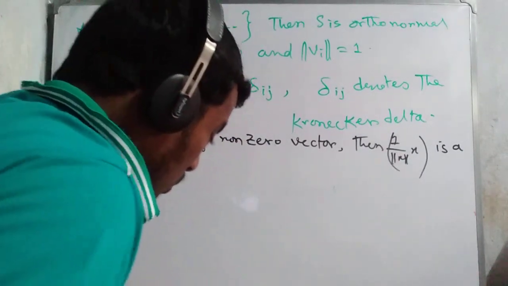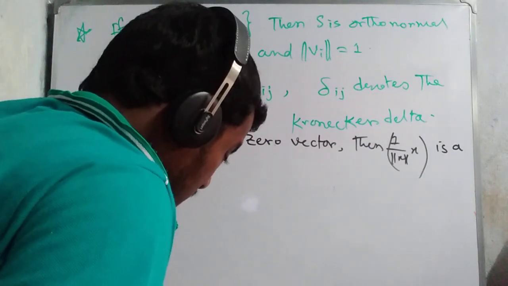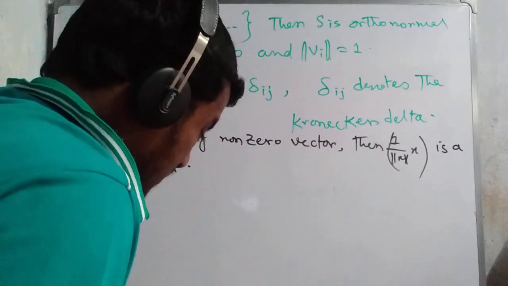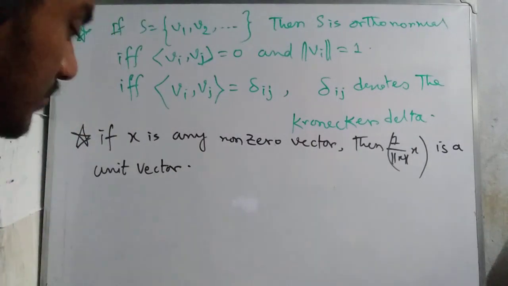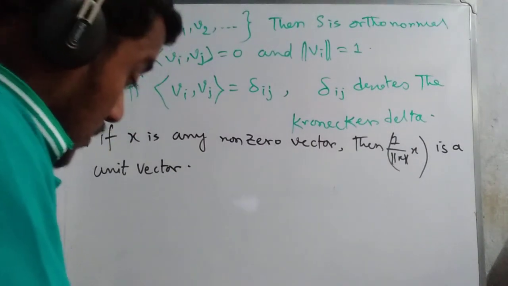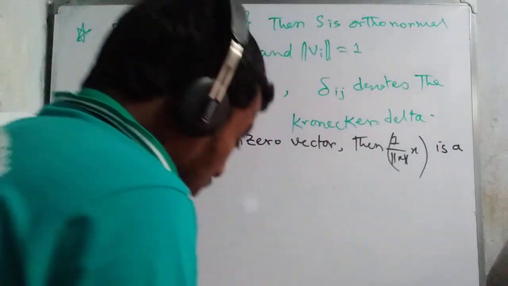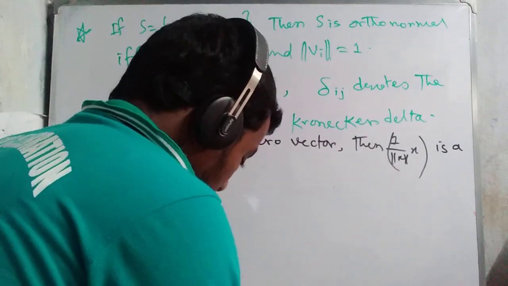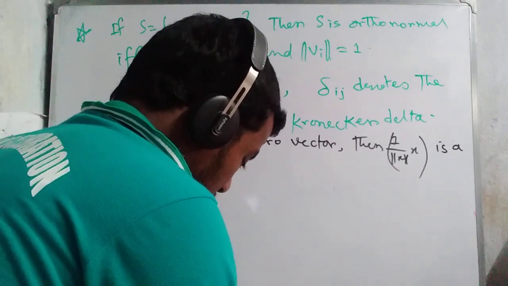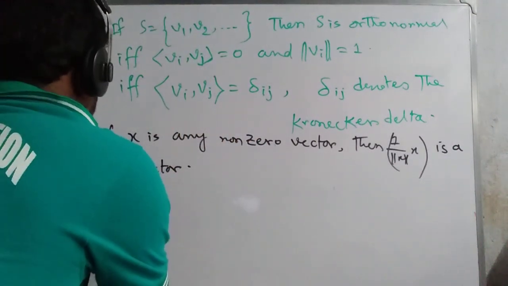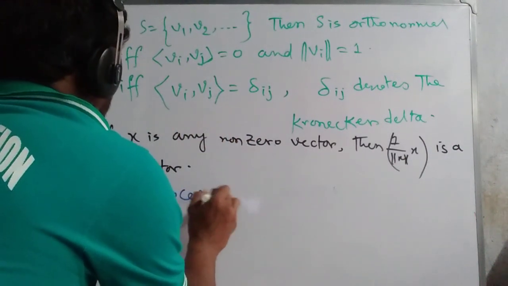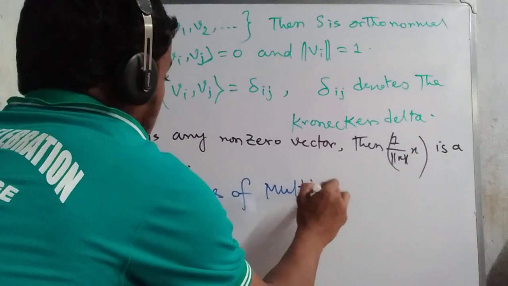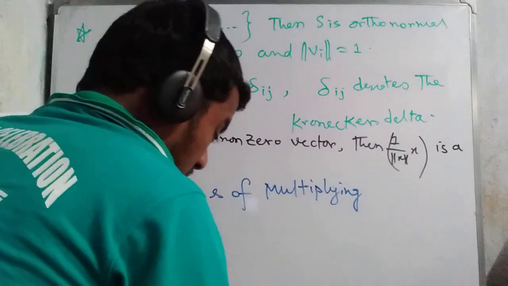Now we are also going to discuss one example, but first we talk about another point. The process of multiplying a non-zero vector by the reciprocal of its length is called normalizing.